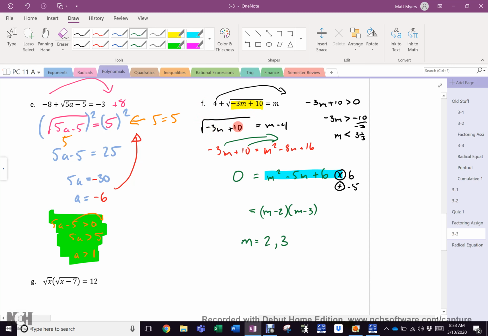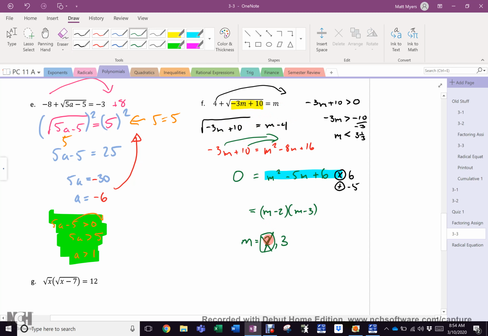What's -6 plus 10? 4. What's the square root of 4? +2. Everyone agree? So when I check this guy, I get +2 on the left. What is 2 minus 4? -2. Does 2 equal -2? Nowhere in my universe. So this guy's dead to us.